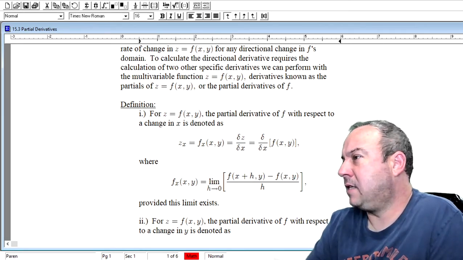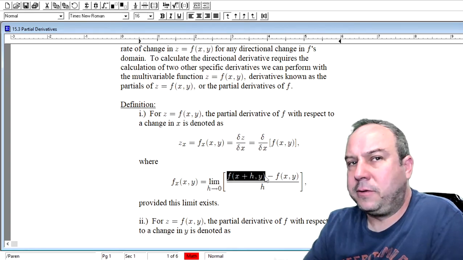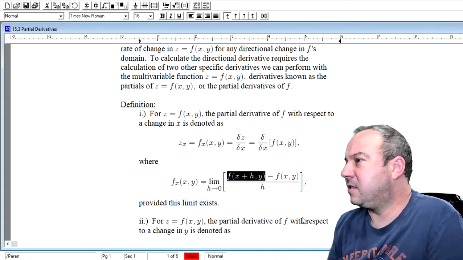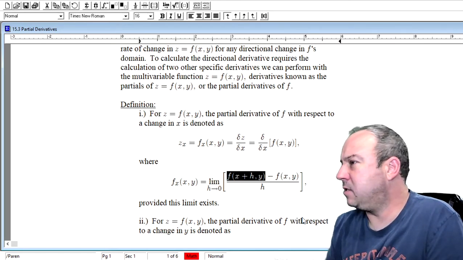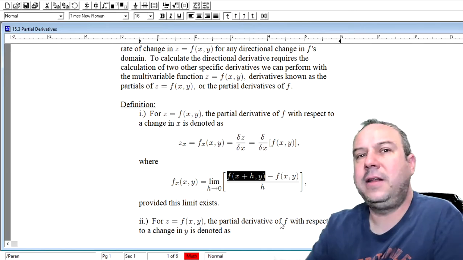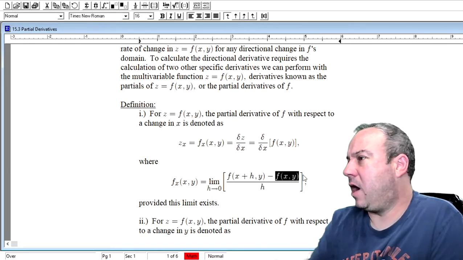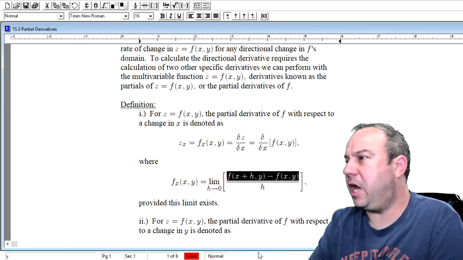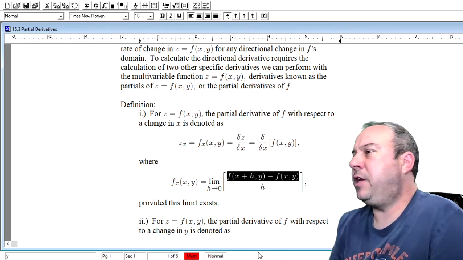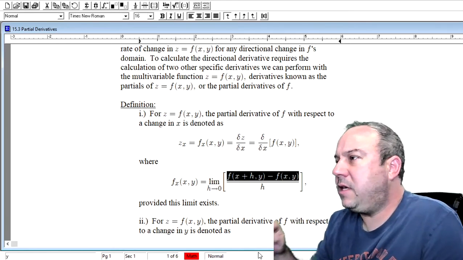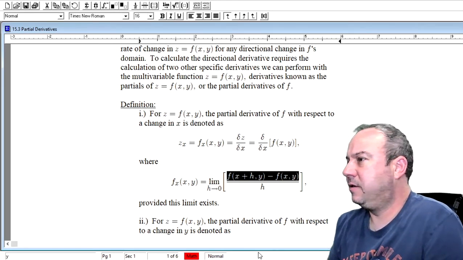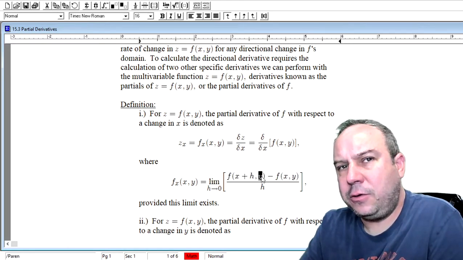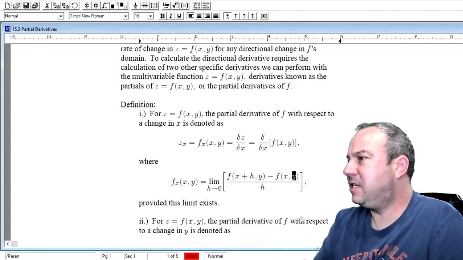All right, those two y's as independent variables in the multivariable function f of x comma y, where here the x is being evaluated at x plus h, but y is being left alone, right? Minus f at x comma y, where what you will notice is we are looking at change, average rate of change, but only where the x value is changing, right? The y value is not changing.